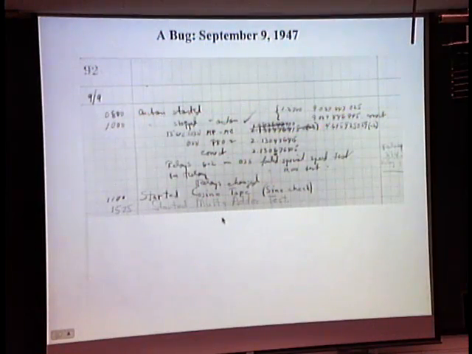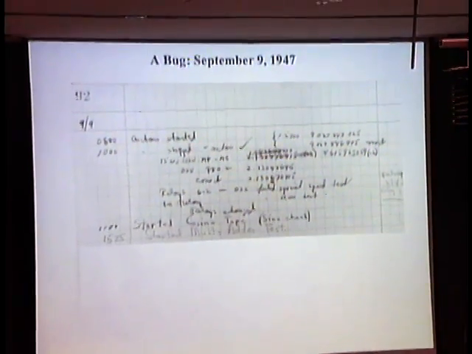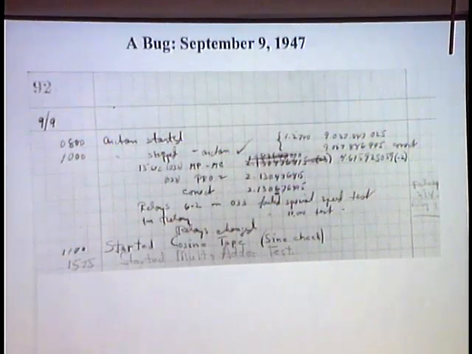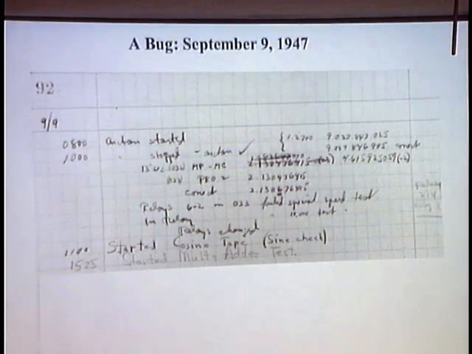This was one of the very first recorded bugs in the history of computation. Recorded September 9th, 1947, in case you're interested. This was the lab book of Grace Murray Hopper, later Admiral Grace Murray Hopper, the first female admiral in the US Navy, who was also one of the world's first programmers.